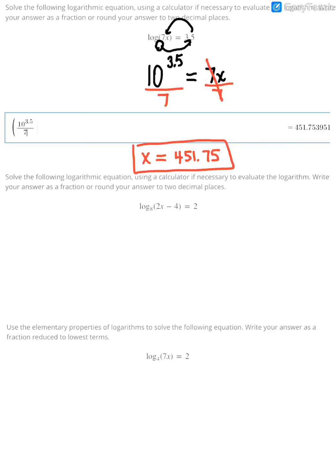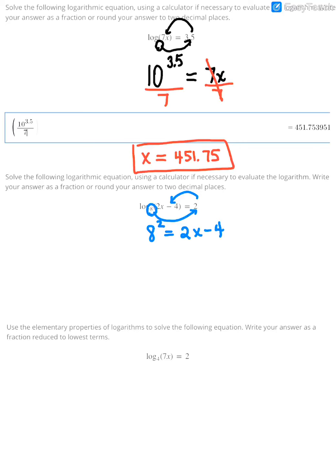Okay, on the next problem, again, notice the x is located with the logarithm. So when that's the case, we will change it into exponential form, starting with the base of 8 raised to the power of 2 is equal to 2x minus 4. From here, this is just a basic linear equation that I will solve.